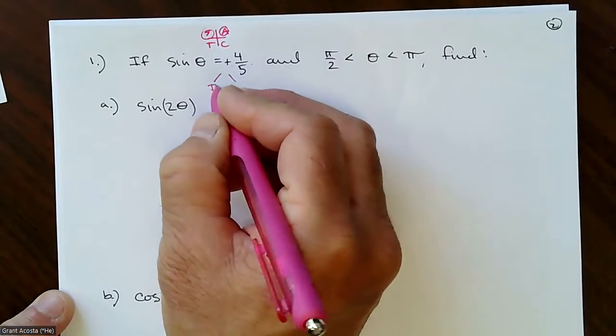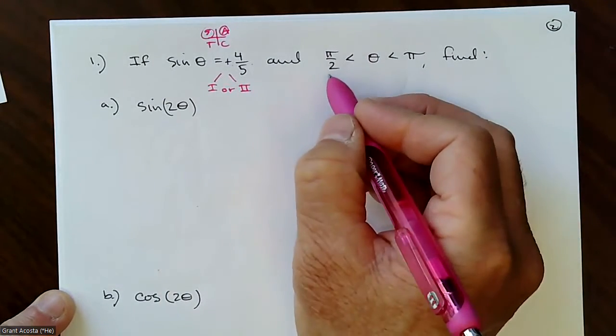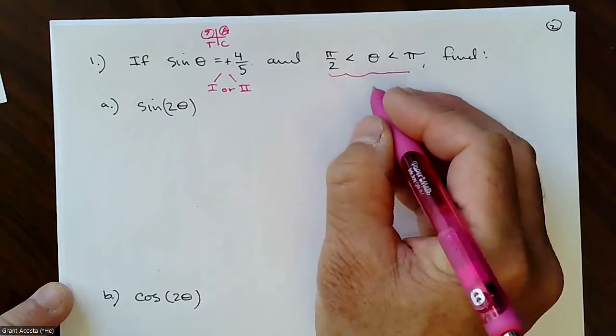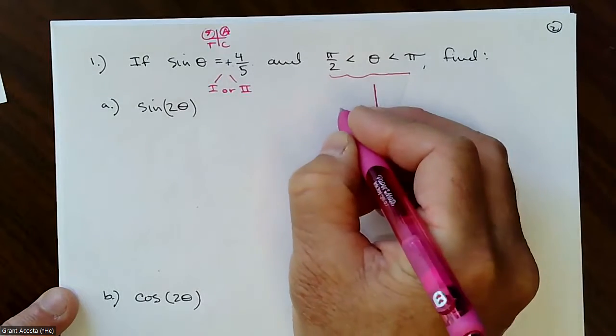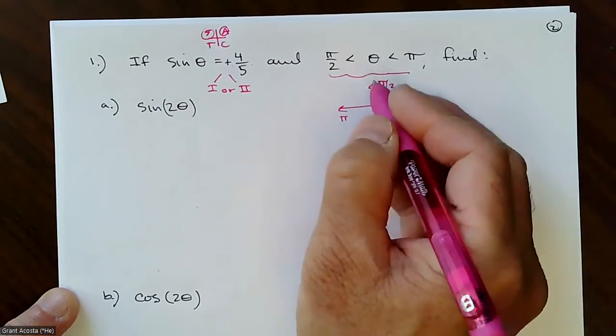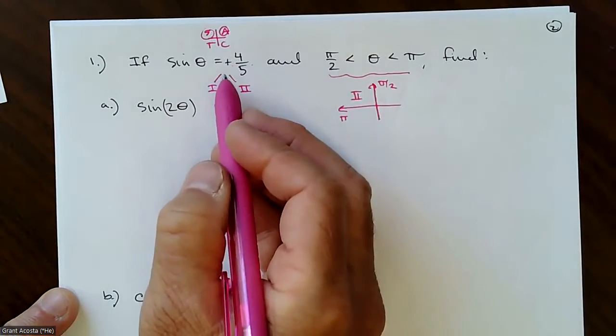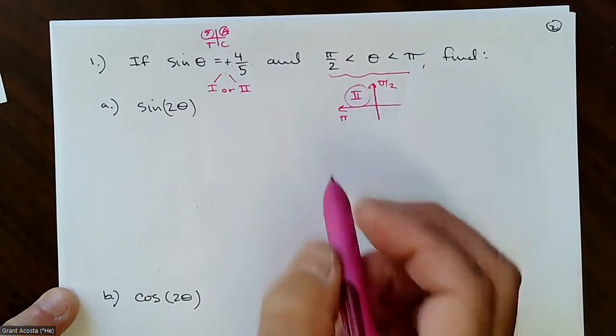But here, they're actually telling us theta has to be between pi over 2 and pi. Here's pi over 2, here's pi. If theta has to be in here, that means the triangle we're going to draw has to be in quadrant 2.